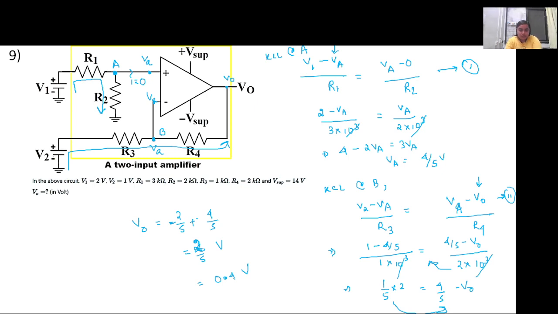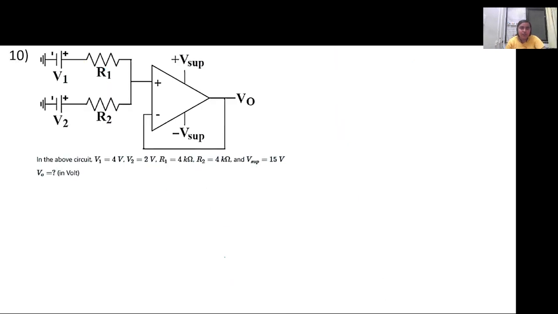So let's move to the previous assignment which was rolled out. This one was the last question, and then we'll solve a couple of questions from different sources. In this case, the non-inverting terminal is connected with a resistance and a voltage source, and the inverting terminal is connected directly to the output.